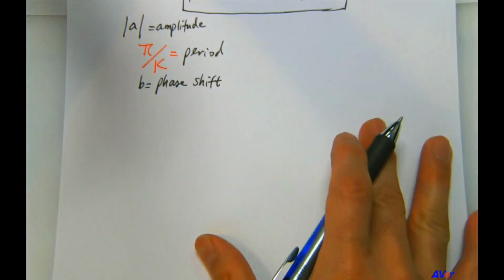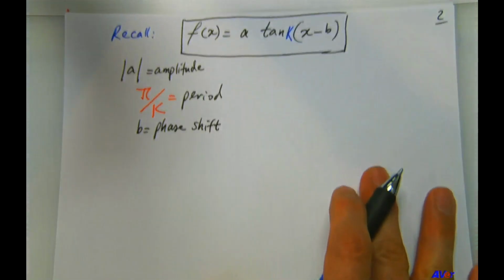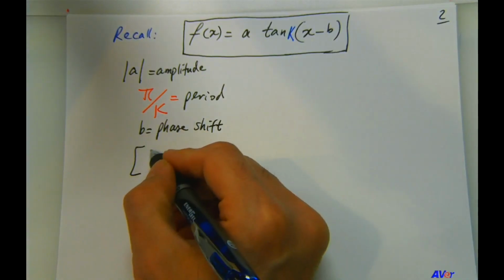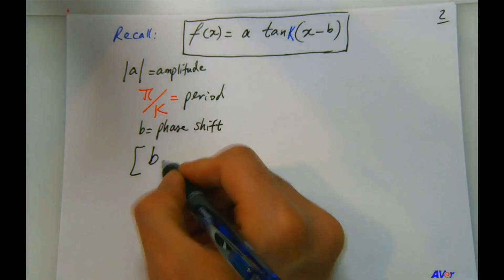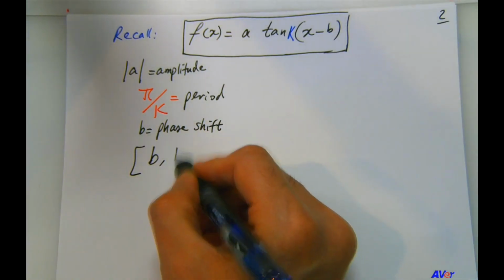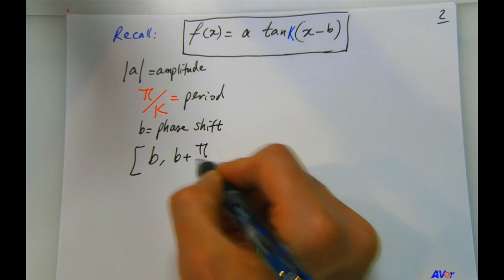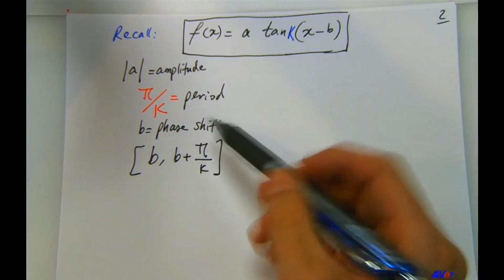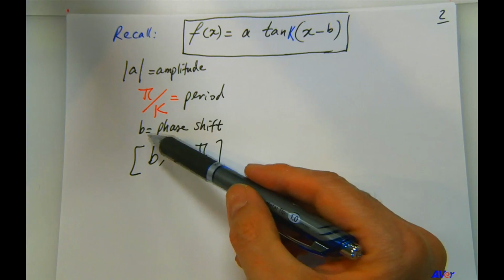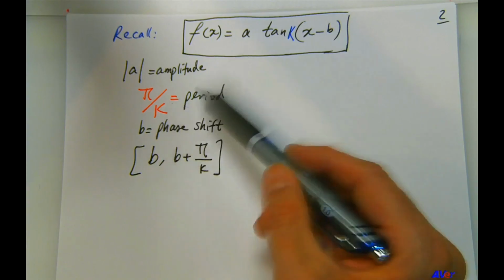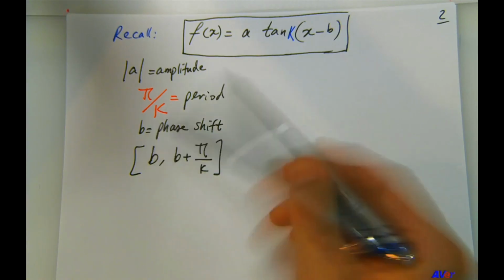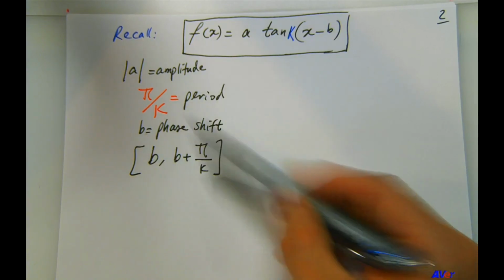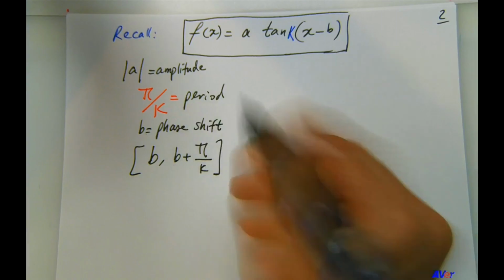Once again, the distance for one full cycle would be b, comma, b plus pi over k, which is the period length, right? So the tangent function, instead of starting at 0, starts at b, and it goes to b plus pi over k, which is the period.